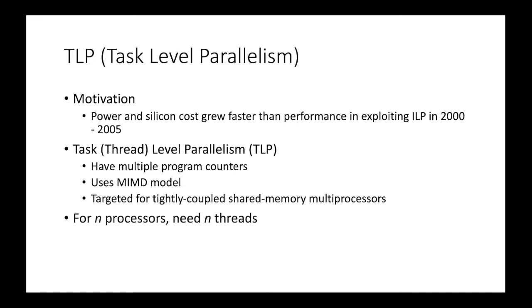And basically they use a MIMD model according to Flynn's taxonomy, multiple instruction, multiple data model, and it targets the tightly coupled shared memory multiprocessors. Multi-core processors, which are very popular for desktop and laptop processors, are basically targeting the TLP, and they are one good example of a processor that targets the TLP. So for N processors, basically we have N threads.